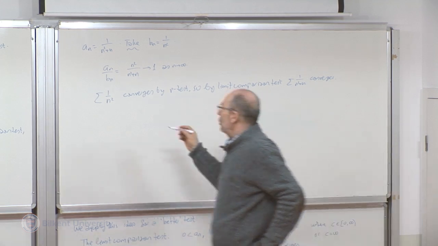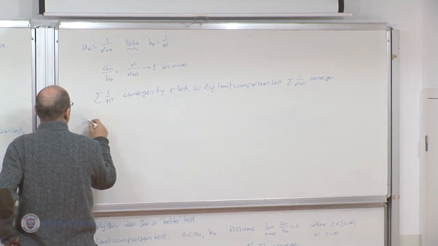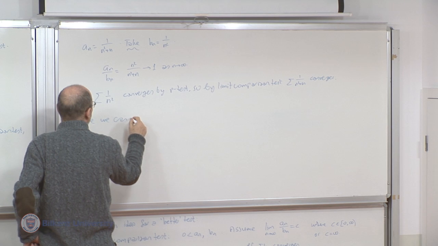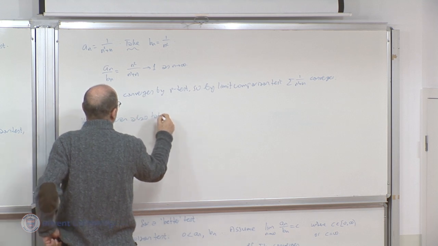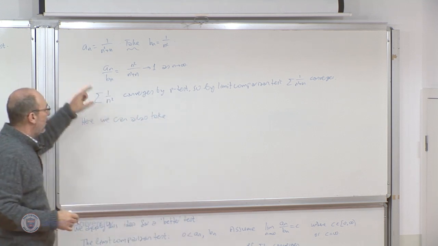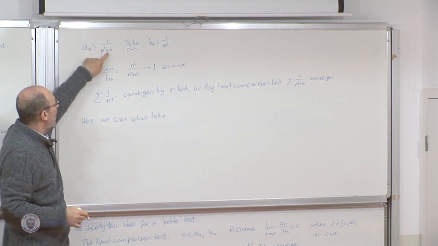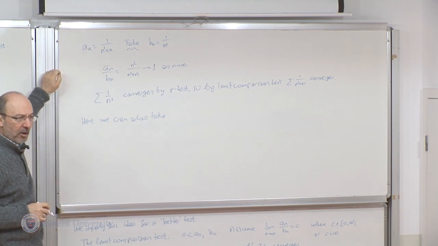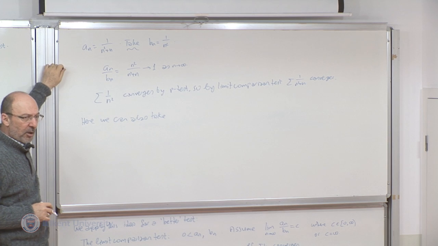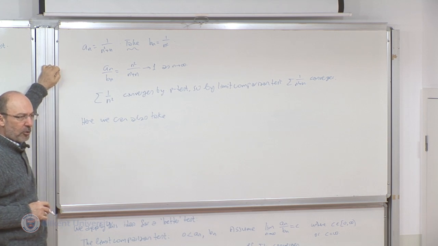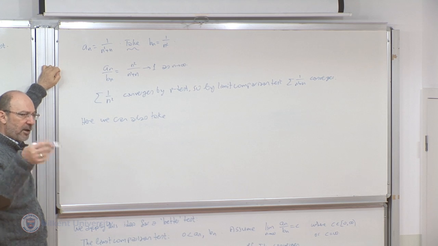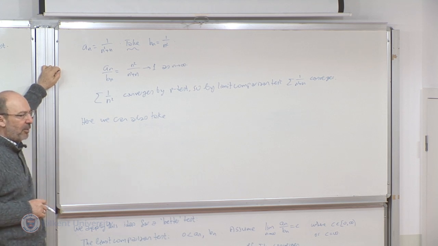Here we can also take, so sometimes it's not easy like this. We immediately here know that taking 1 over n will not work, but sometimes this is complicated. So at first you may make a wrong decision. You learn from your mistakes, and then in the next step you'll make a correct decision.